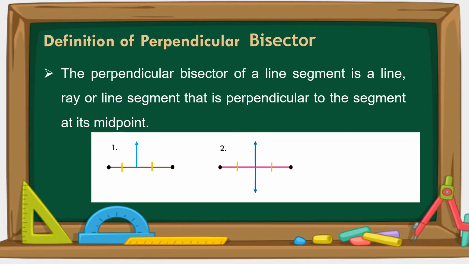Second figure, a line is the perpendicular bisector of the given line segment. The third figure, a line segment is the perpendicular bisector of the given segment. Each perpendicular bisector divides the given line segment into two smaller congruent line segments.